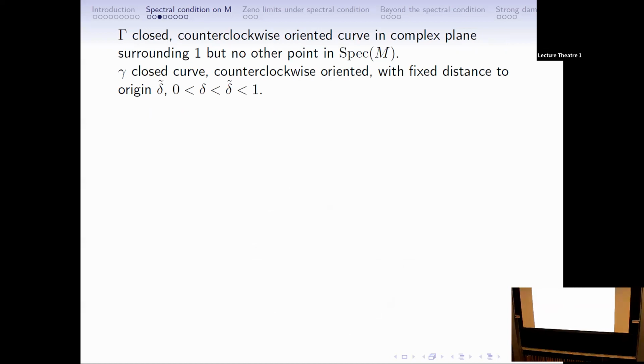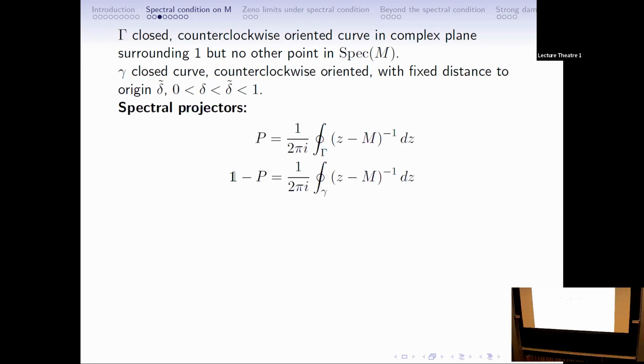And small gamma is the curve which surrounds the spectral points strictly smaller than 1. By holomorphic functional calculus I can define these operators: P, where we only surround 1, and 1 minus P, the complement projector. This I can trivially write down.